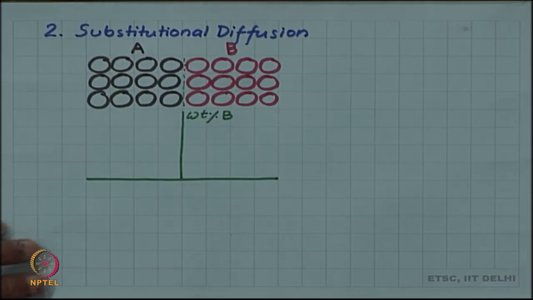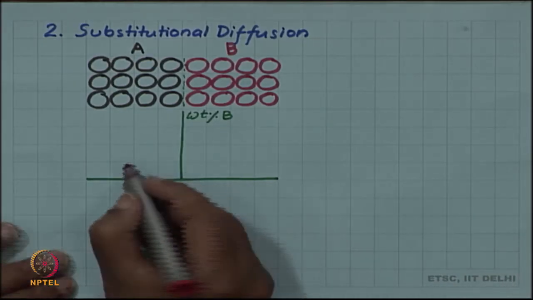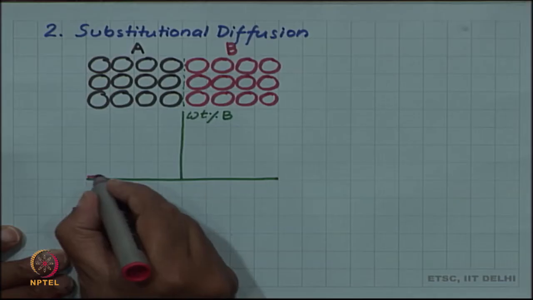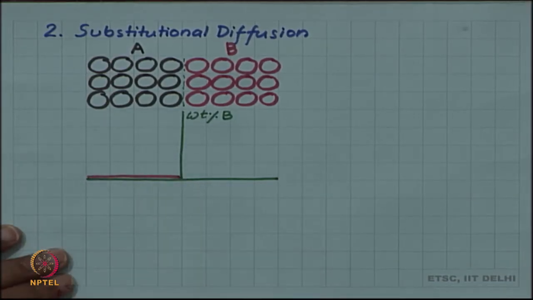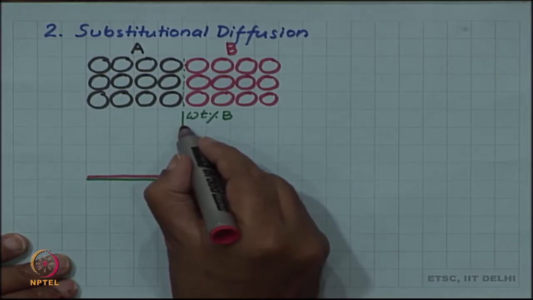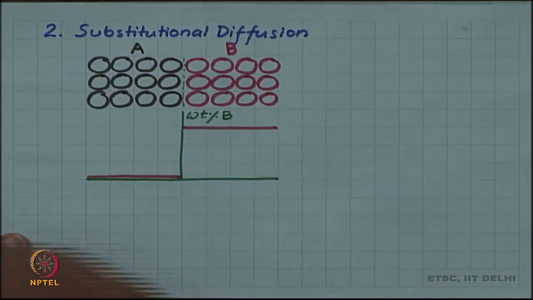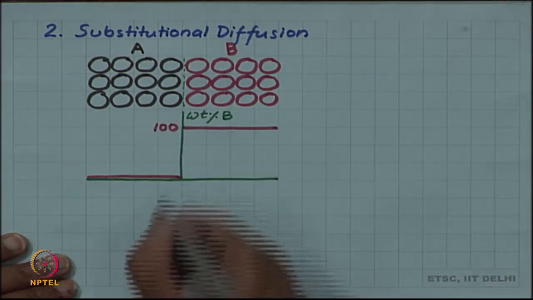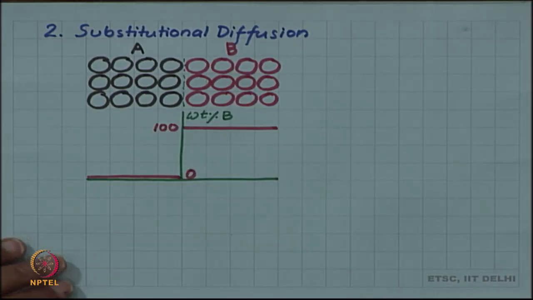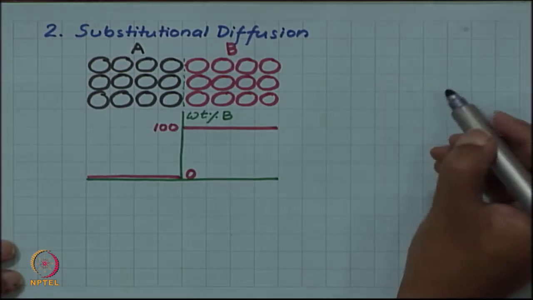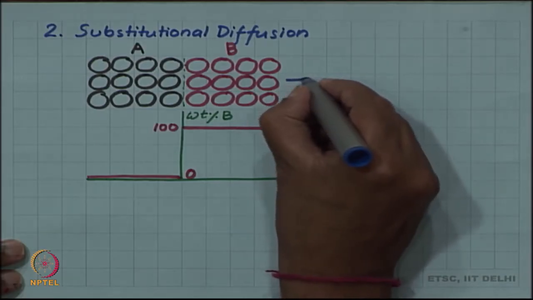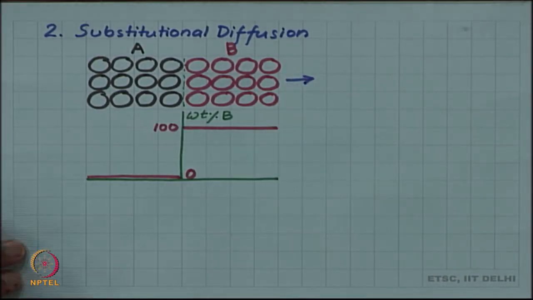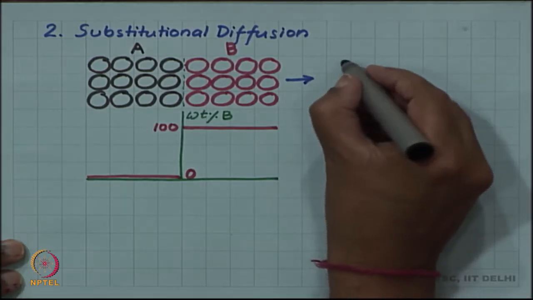Then we find that on the A side there is no B, so you will have 0% B, and it will coincide with the x axis, whereas on the B side you have pure B, so you will have 100% B. So, this is the initial situation, but if you anneal this system, that is if you heat this system in a furnace for some time, you will find that diffusion has happened and the system will evolve to show you that sort of diffusion.